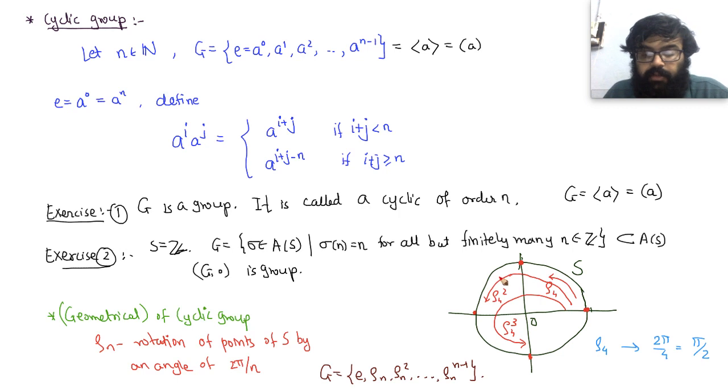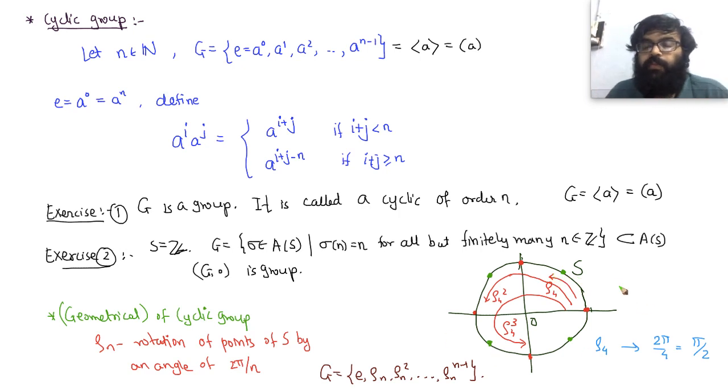Let me draw it with another color. If the point is here, then rho 4 will bring it here by 90 degrees, then again 90 degrees, so rho 4 square will bring it here. This is rho 4 cube, and then again a 90-degree rotation brings it back.